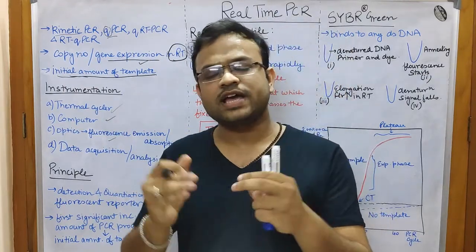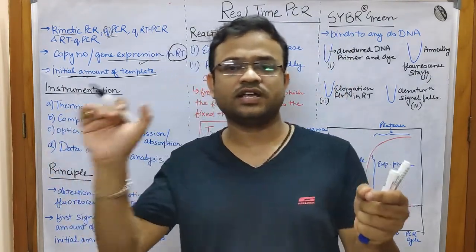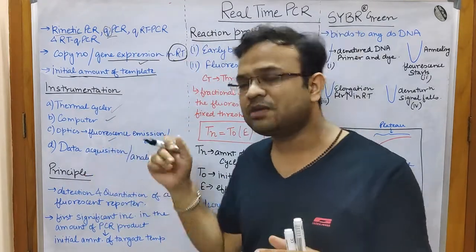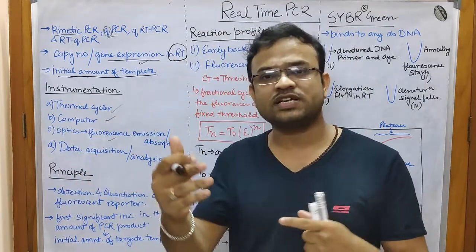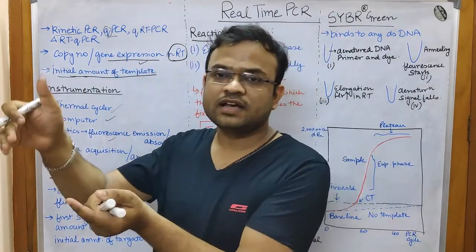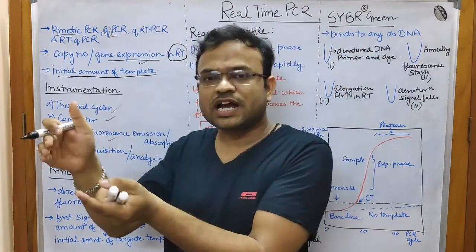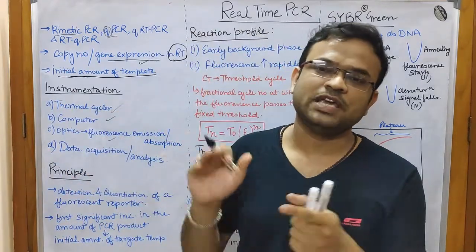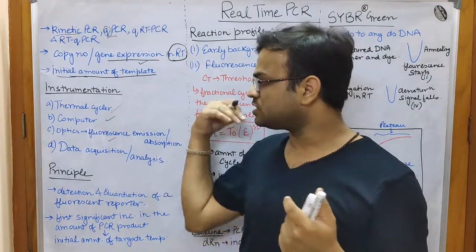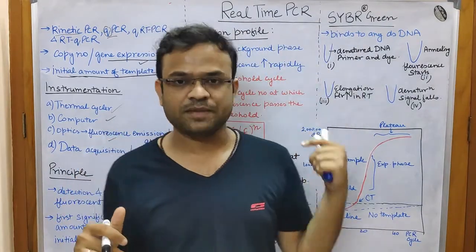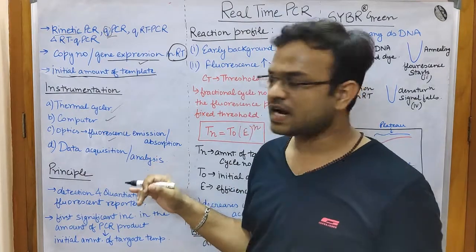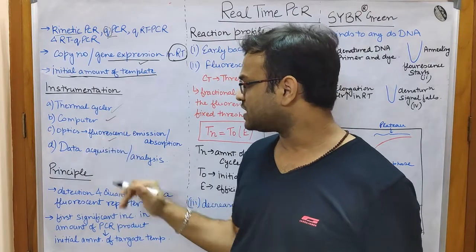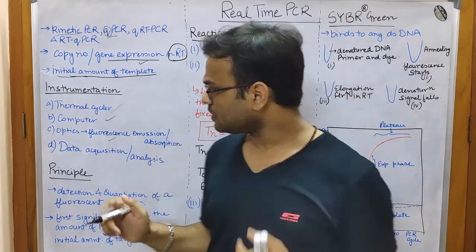As the PCR is running, we determine how much of that dye is emitting fluorescence, and with the help of the emission that we have obtained, we determine how much of the product is being made. We will understand this in some time when we discuss these steps, but for now you need to understand that an optics instrument is also involved in this, which has a fluorescence emission and absorption part, right?